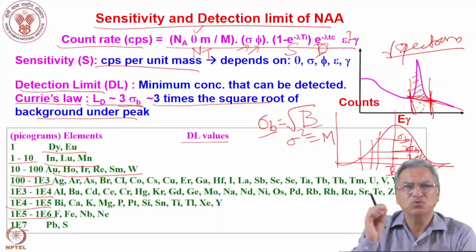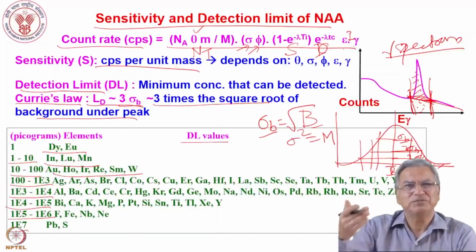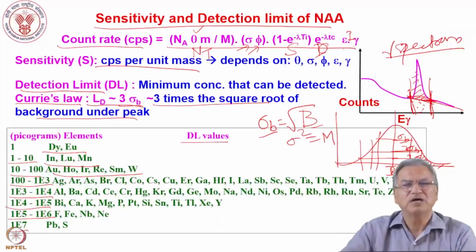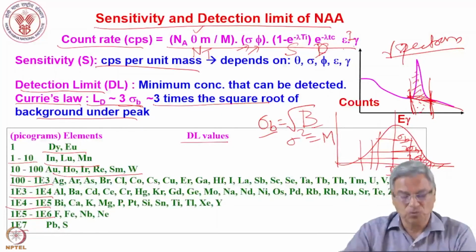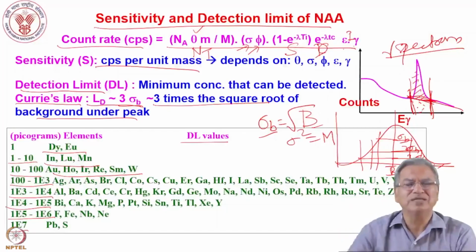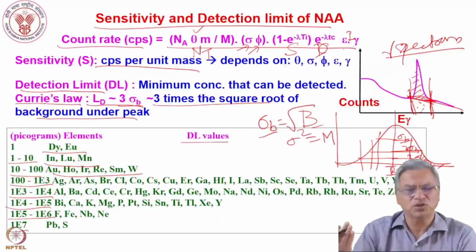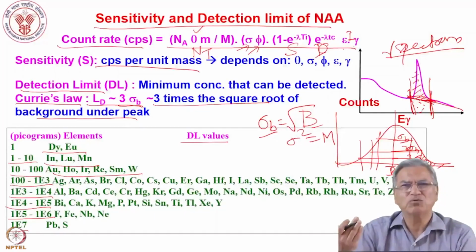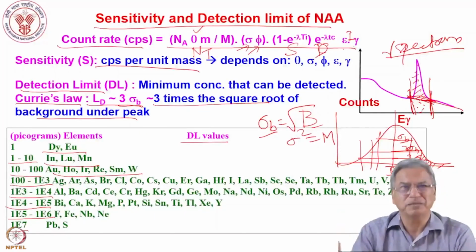You can generate a plasma, the excited atoms decay, and you can measure the visible photons emitted by these atoms, or see emission lines, or do the mass spectrometry. So depending upon what you measure, you can have ICP-AES or ICP-MS, and ICP-MS techniques can go up to picogram per gram, parts per billion.